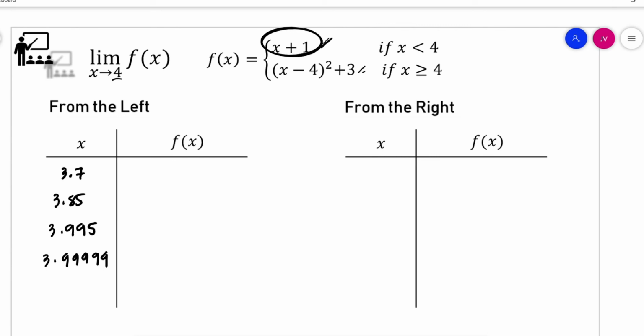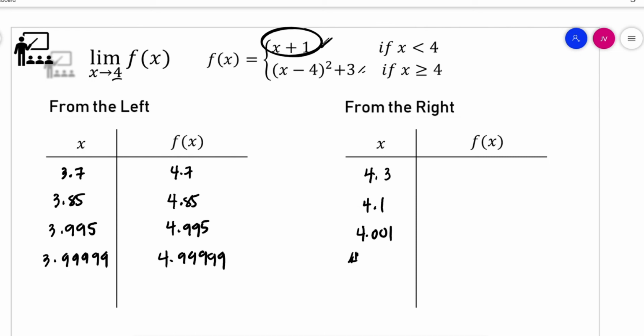So magiging value niya ay we have here 4.7, 4.85, 4.995, and 4.99999. On the other hand, we have from the right, so pwede natin gawing 4.3, 4.1, 4.001, and 4.00000001.